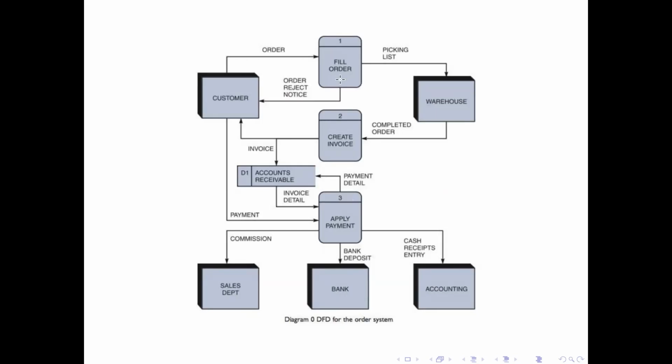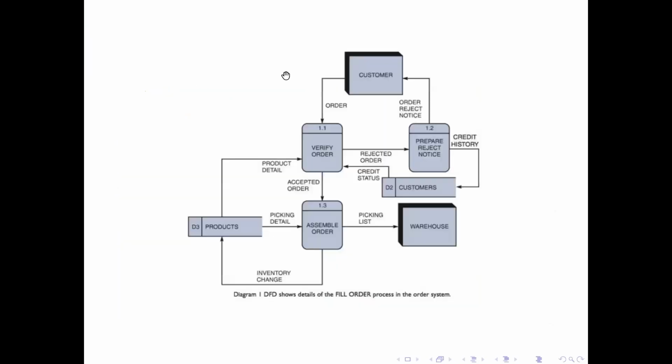Then again, let's say you want to go into more details under the first one. We can do that by using 1.1, 1.2, 1.3, and so on. That means you go into more detail, and the input and output will be the same. We try to make it balanced.